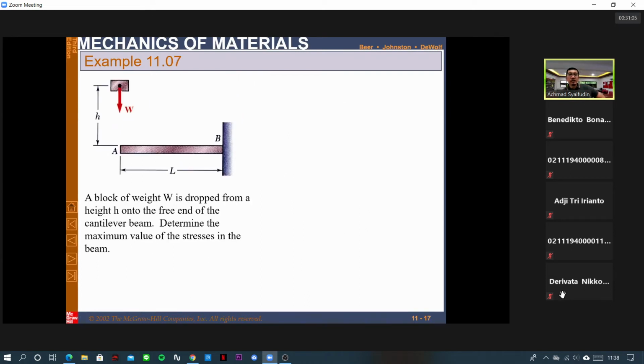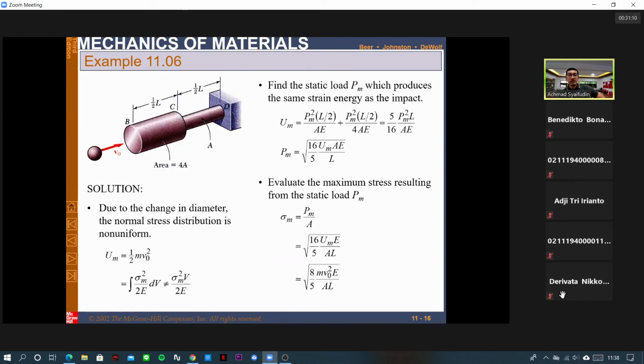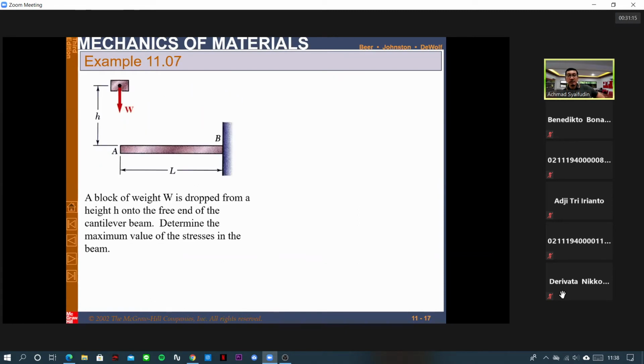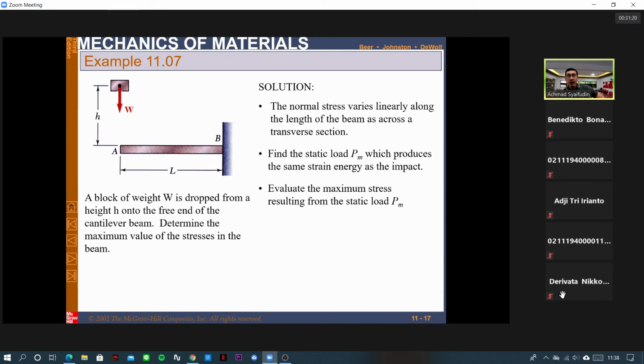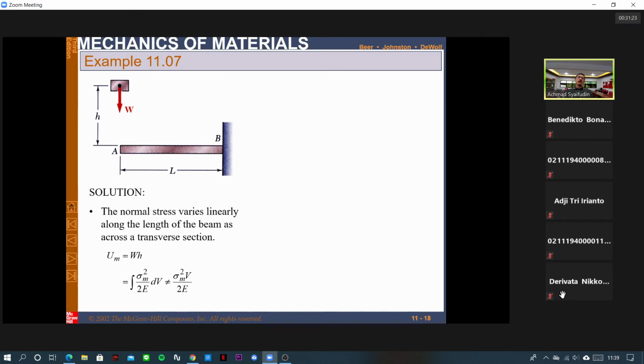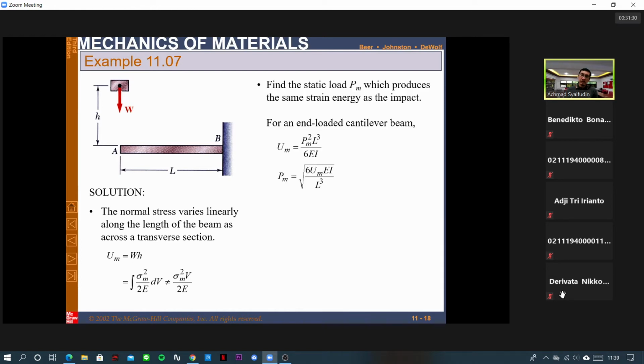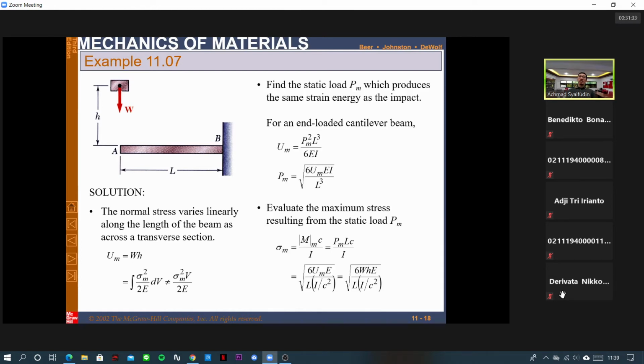Yeah, this is another type of impact load. The previous one was an axial, normal impact load, and this one is a bending impact load. The procedure is almost similar. First, we have to identify the strain energy, then we can get the maximum load, PM.